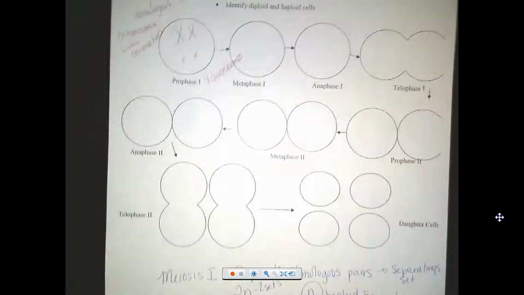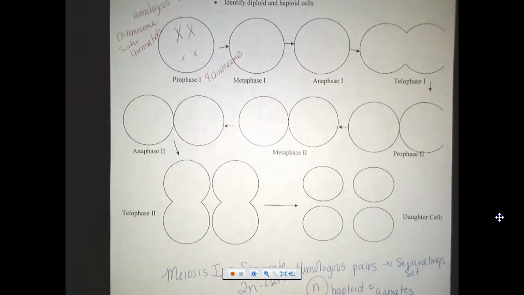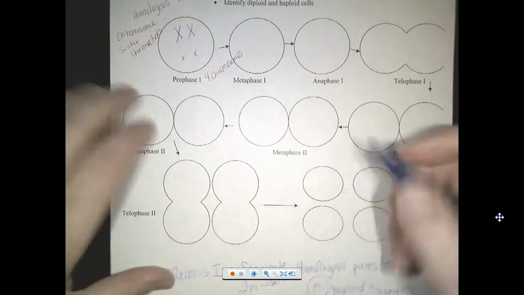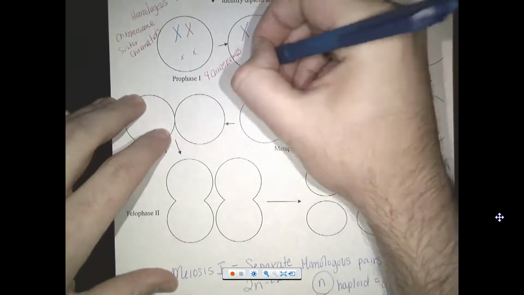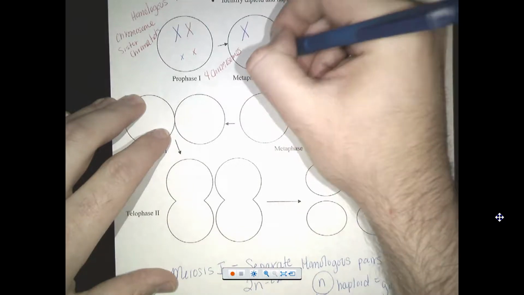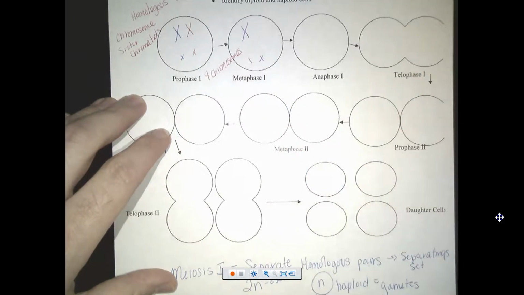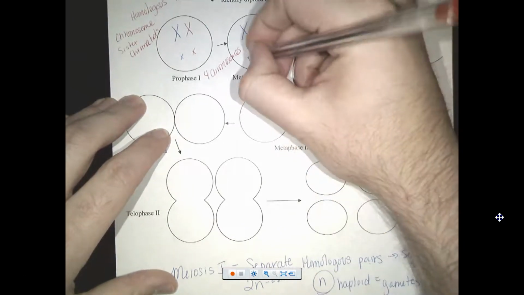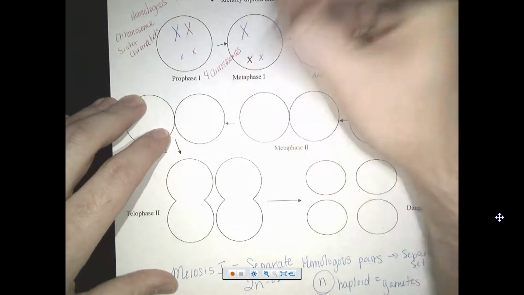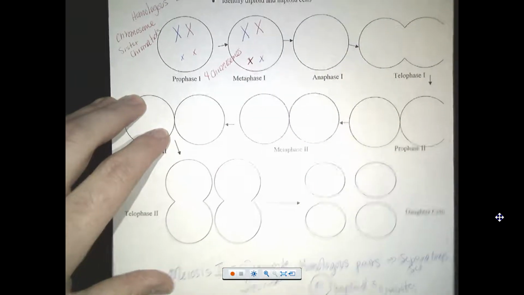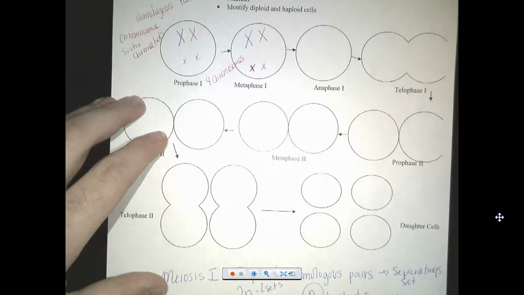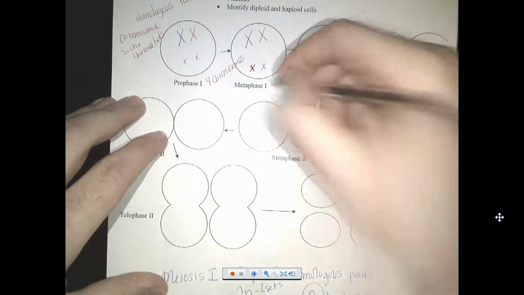All right, so let's go up here to prophase 1 and then follow on to our next stage, which is metaphase. So I'm going to draw our chromosomes. Okay, so we have 2 sets, and I'm drawing them at different sizes just because I want to differentiate between them. Okay, so let's say we have our small set, right? That's one type of chromosome, and then this big one is the larger one. Okay. So during metaphase, what happens during metaphase?